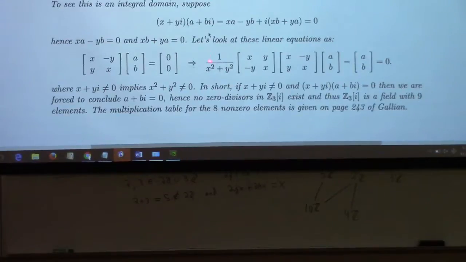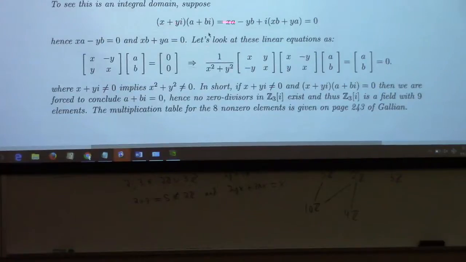Like 0 squared plus 0 squared is 0, but for all the other ones, x squared plus y squared works out to 1, 4, 1, 2, 5, 4, 5, 8, I think. Anyway, so that gives you that AB is 0.